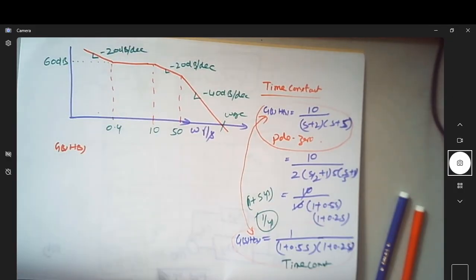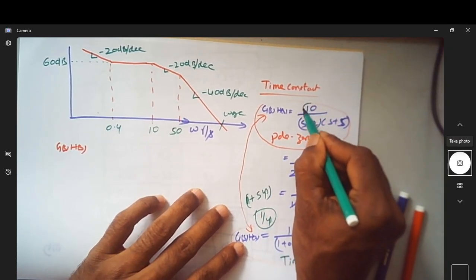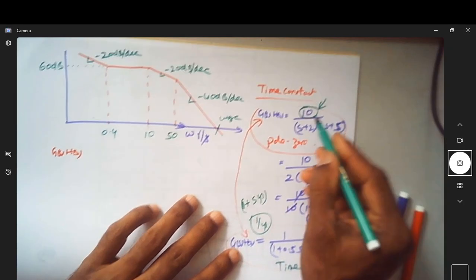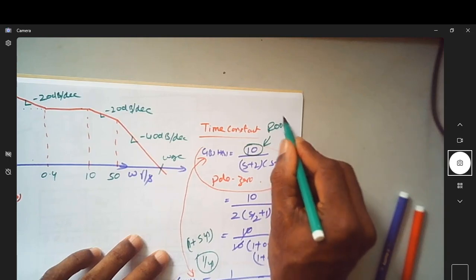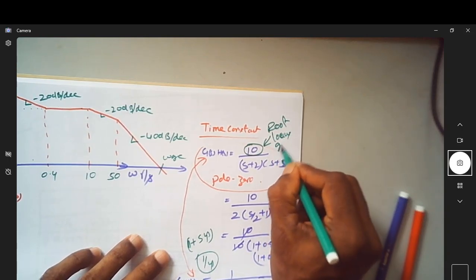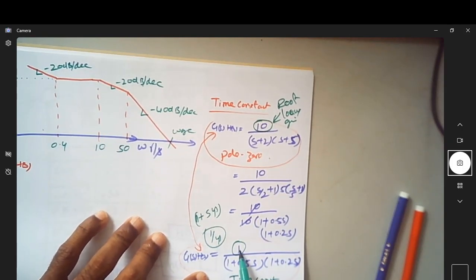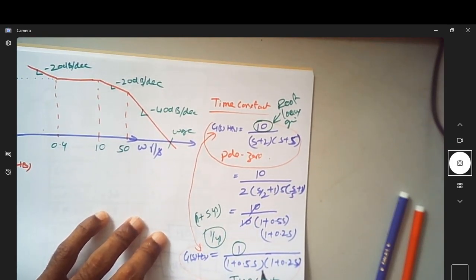In this transfer function, we had this in pole zero form. Whatever gain you have, I'll call it the root locus gain of the system. The gain, the k value that I'm going to get in the time constant form, is called the system gain.